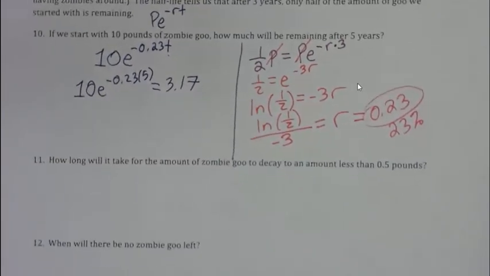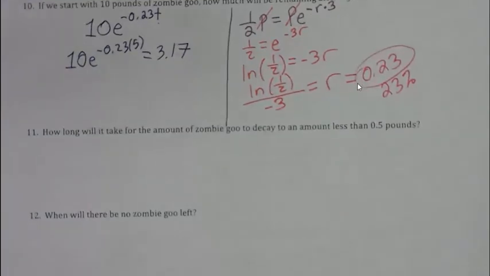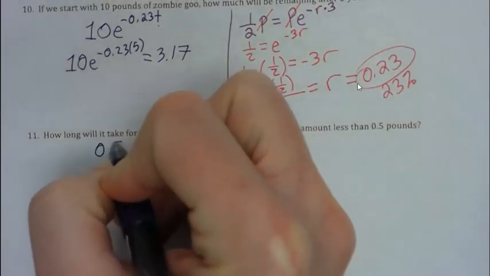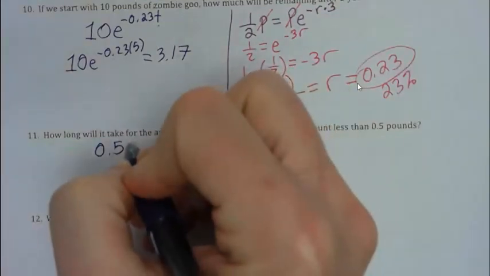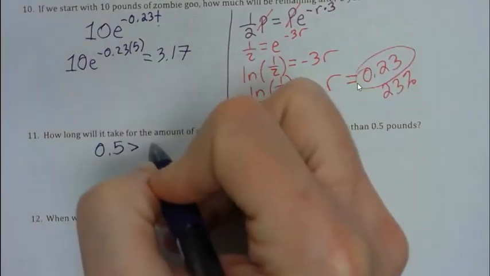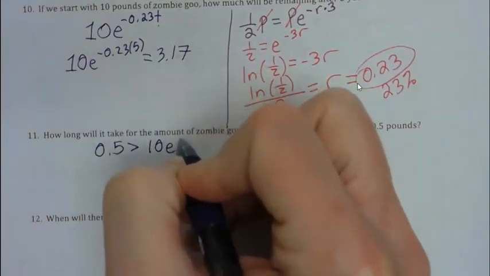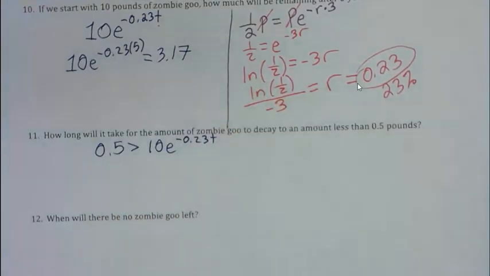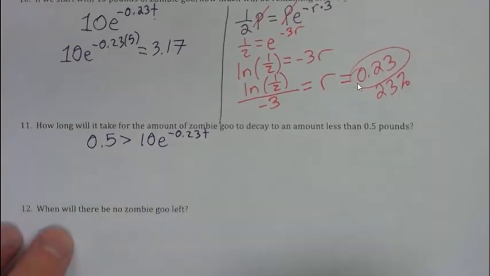So almost done. So 11, how long will it take for the amount of zombie goo to decay to an amount less than 0.5? So basically what it means is we have 0.5 is greater than our equation, 10e to the negative 0.23 t, like so. Now we can divide by 10 first.